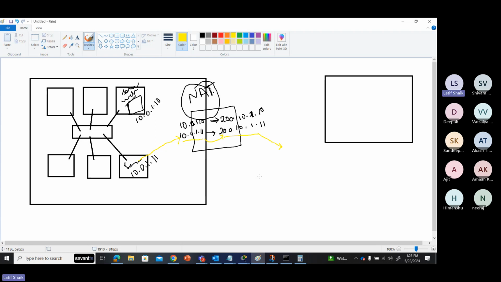Inside, that is 10.0.1.11, but when I'm communicating outside of the network, I use my public IP address.